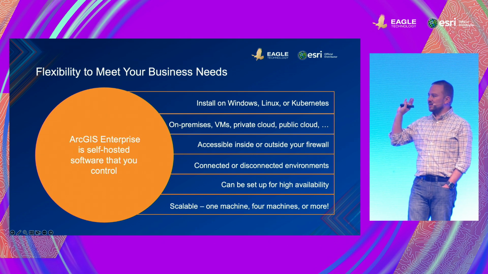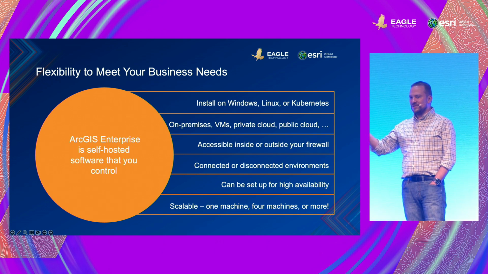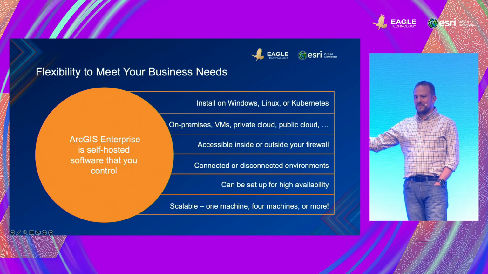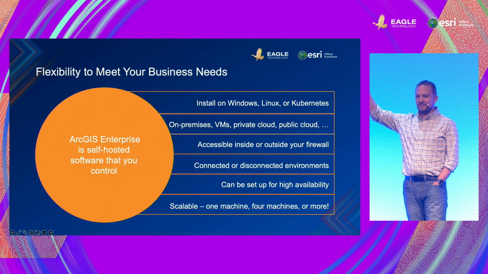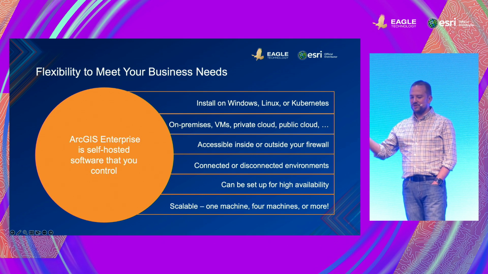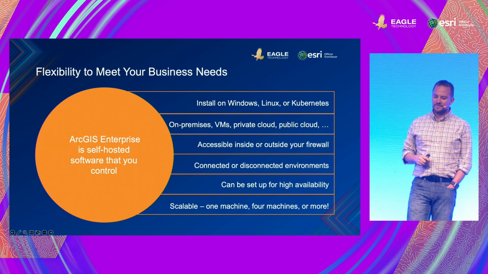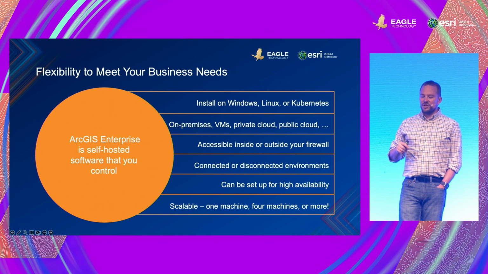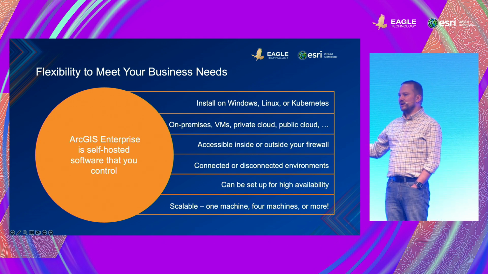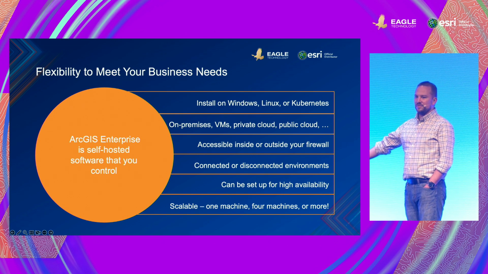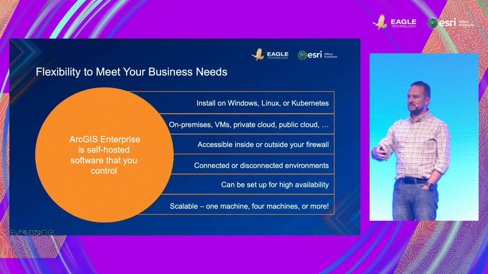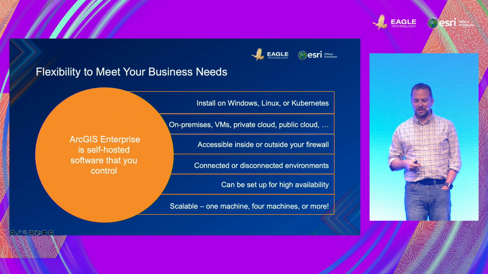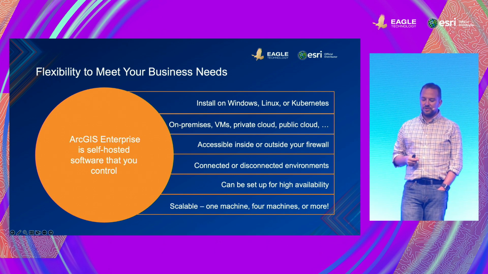I talked about how it can be on-premises. It can be physical hardware. Anybody still use physical hardware? See a few? Virtual machines, private clouds, public clouds. It is often used within the firewall, but doesn't inherently have to be. It can be on the public internet. So you can run ArcGIS Enterprise in pretty much any way you want.